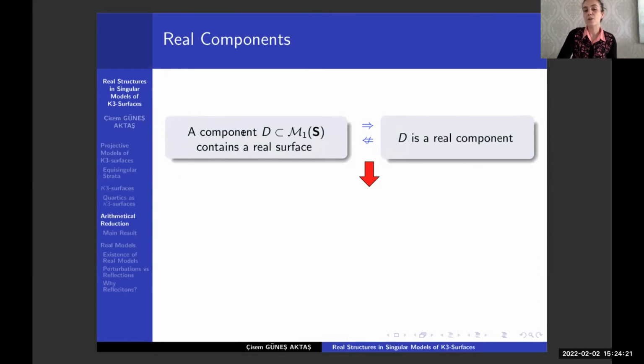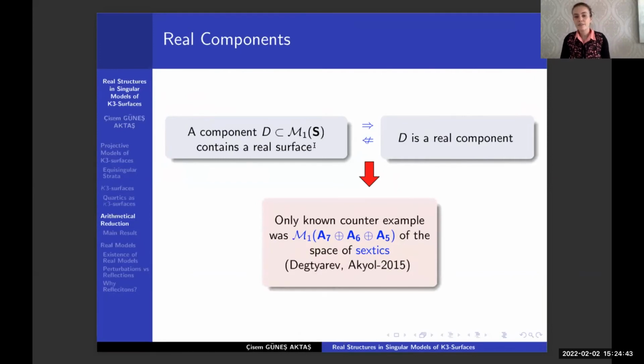If a component D in our equisingular strata contains a real surface, then for sure it is a real component, but the reverse direction is not always true, meaning that there may be real components without any real surfaces. This sounds a bit strange, but in the literature there are examples showing that the reverse direction is not true.